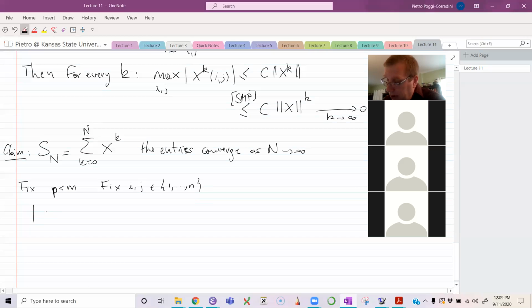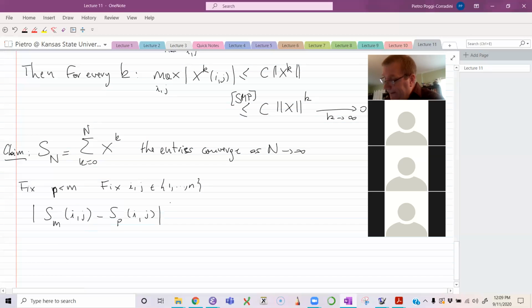And let's form the difference where I take the ij entry of S_M and the ij entry of S_P, these partial sums, and I look at the difference. If I can show that this difference goes to 0 as P and M go to infinity, then I've proven that this is a Cauchy sequence, right?